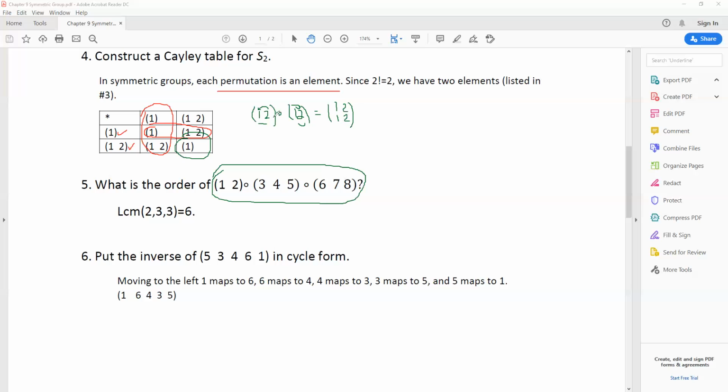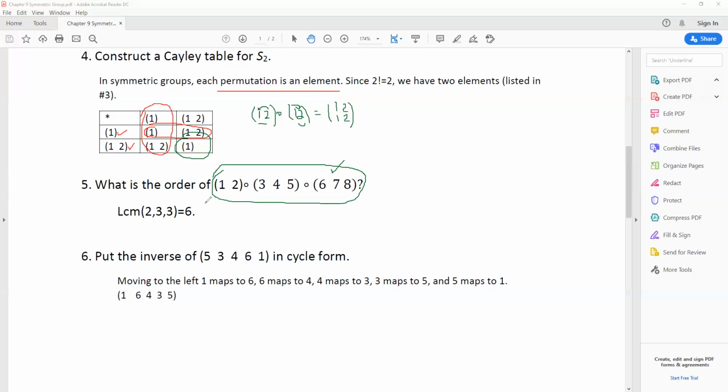That's because (1 2) has only 2 components. If you compose (1 2) with itself, it pushes each element back to its own image. If I wanted to find the order for this particular permutation, basically I want to know how many times I would have to multiply this permutation by itself to get back to the identity.